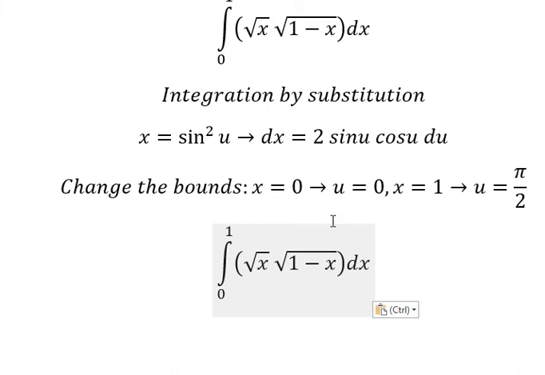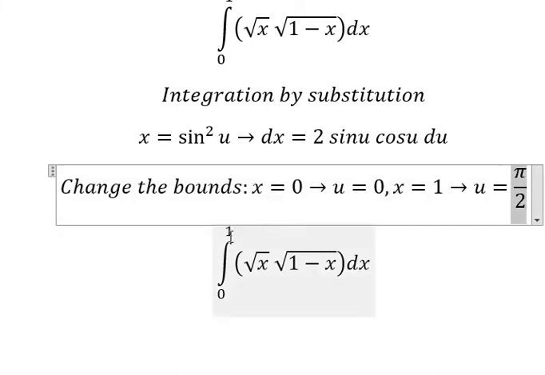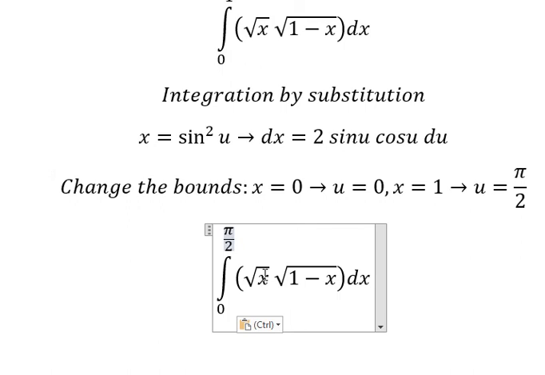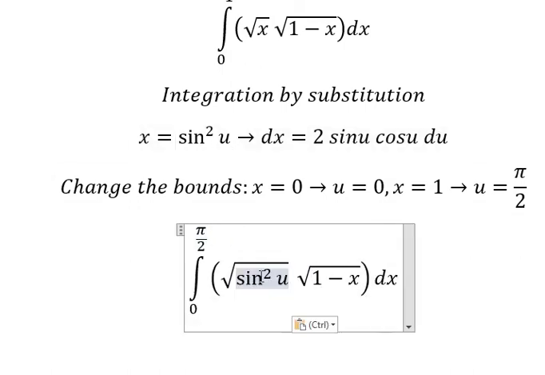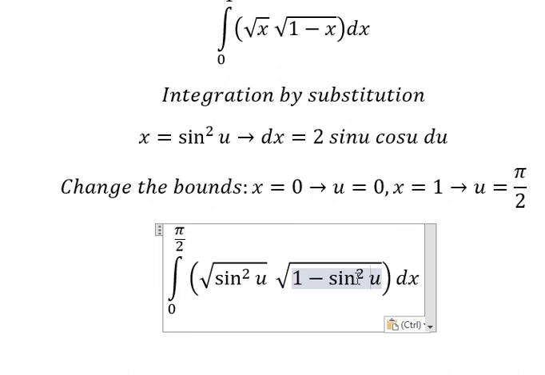So number 0 we keep the same, number 1 we change to b over 2. The s we change to this one.